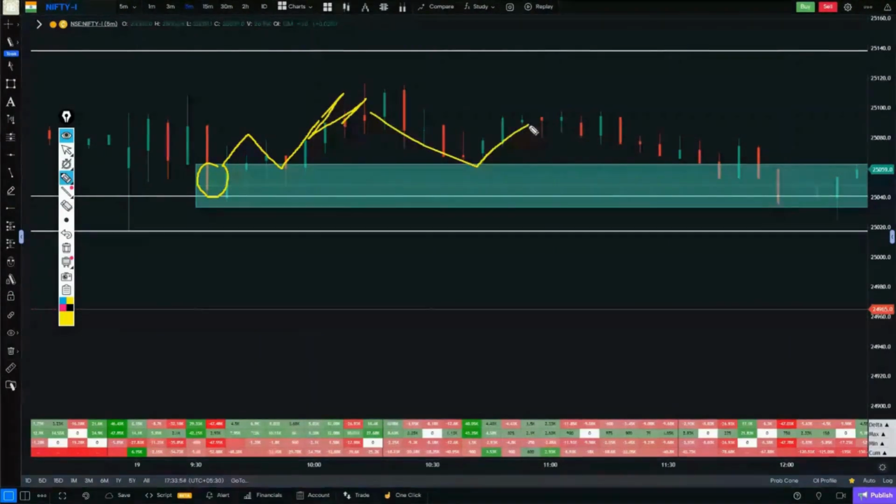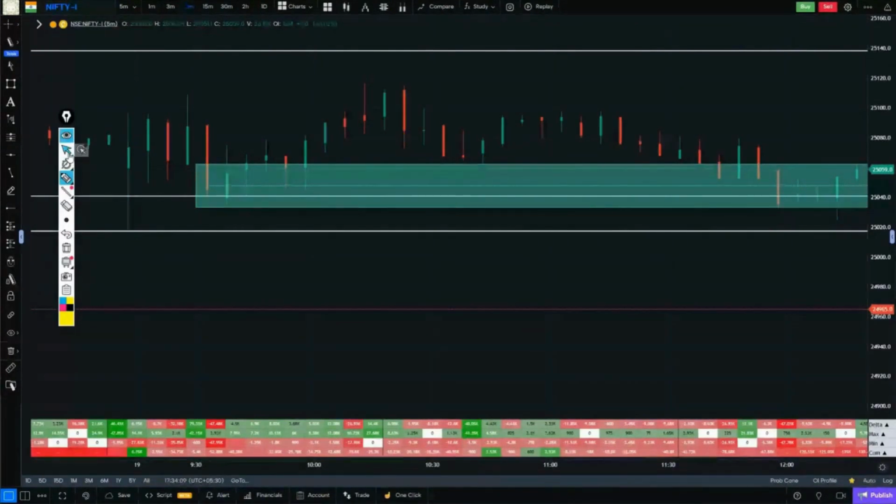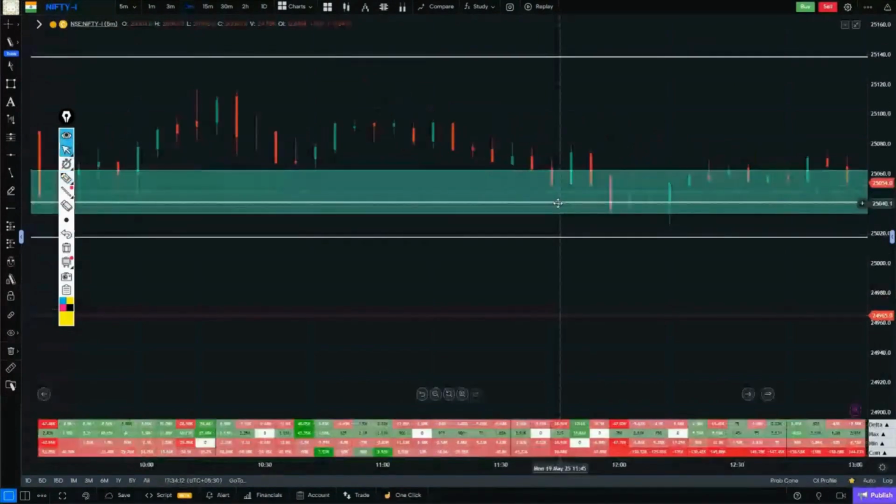There was another rejection. But still, there was no solid buying activity. One confirmation was that some buying absorption happened here, and yesterday's resistance zone was also somewhere around here. Okay, so if there was a rejection from here, that could also be one of the reasons. Okay. Now again, at the selling absorption zone, selling started to appear.